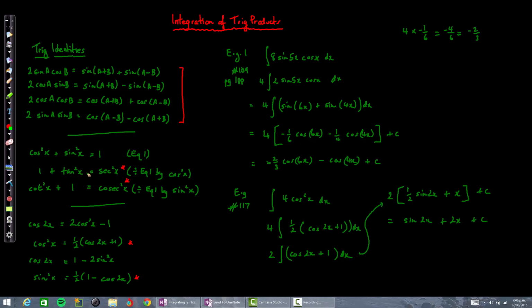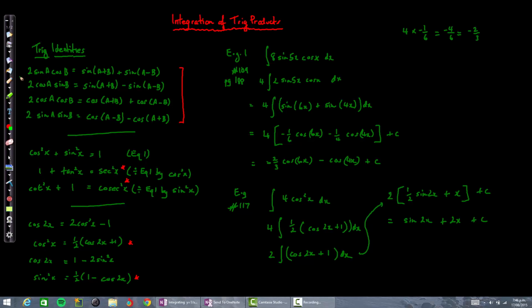Okay, 1 plus tan squared x equals sec squared, and if you check that table of integrals on page 174, yes, there is an integral of sec squared, which is tan. The derivative of tan is sec squared, so the integral of sec squared is tan. So I can integrate sec squared, and I'm going to replace the tan squared x then with sec squared x minus 1, moving that 1 over here.